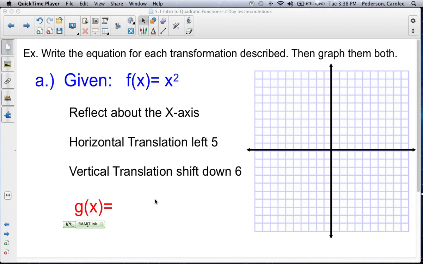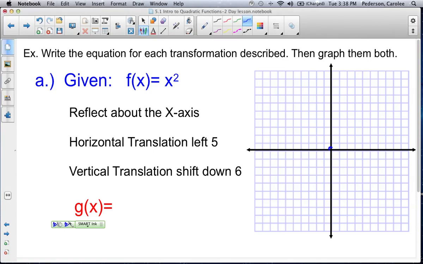So let's talk about the first transformation. We want to reflect that about the x-axis. So here is our original parent function in the blue.